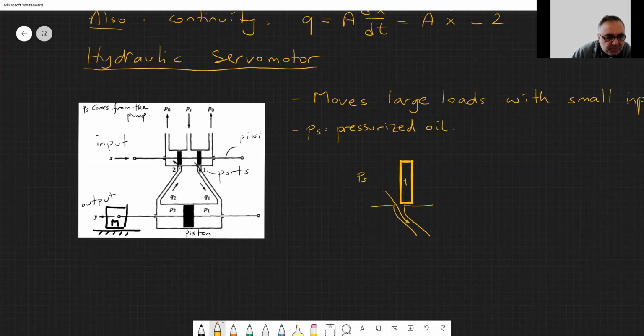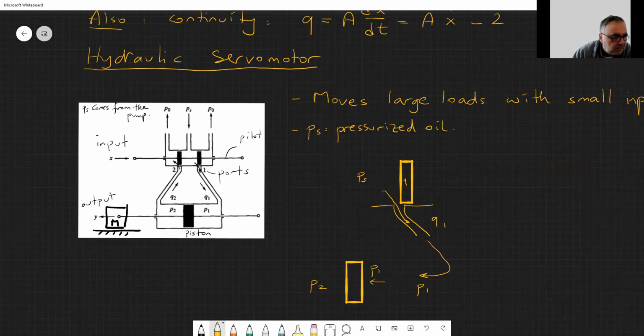This is port 1 and creates pressure P1. There is a little bit of drop, of course, here. Q1 comes from here and pushes this main piston. Actually, I should learn how to draw this. This is P2. And then, on the other hand, this is P1. P1 is greater than P2, so this moves in this direction.